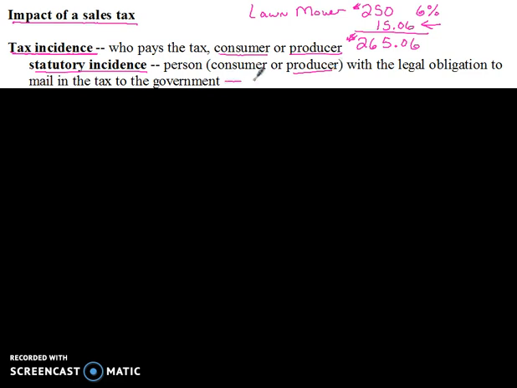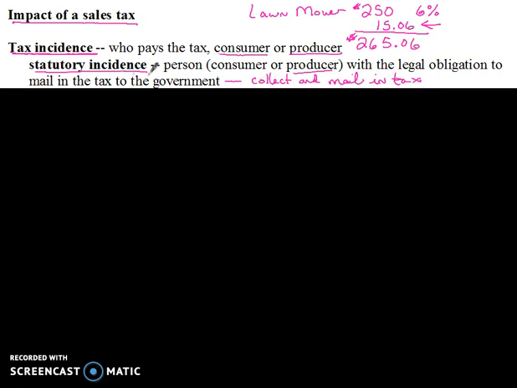Their job is going to be to collect the tax from the consumer and then mail it in. In my example, they're going to send it to the state of Pennsylvania. So Walmart is going to collect the tax from you, on all the products that they sell, and then they're going to mail it in to the state of Pennsylvania.